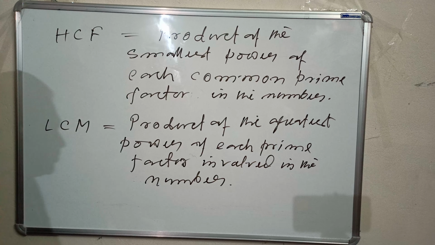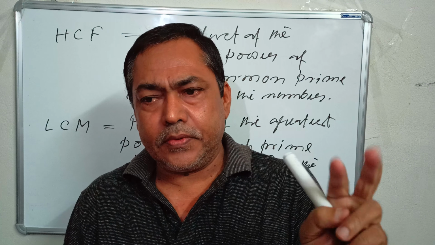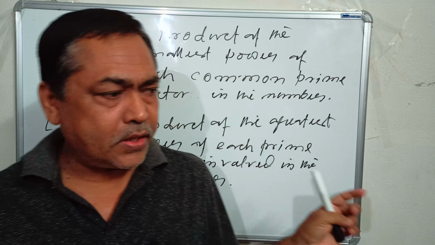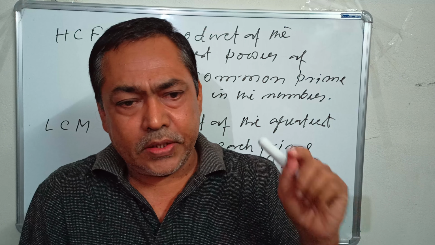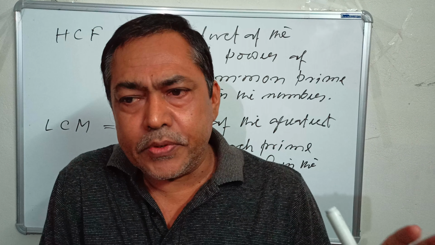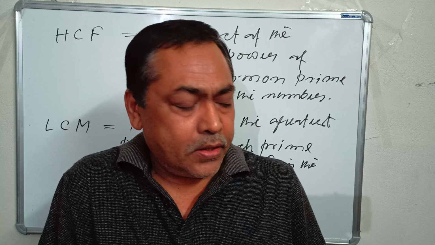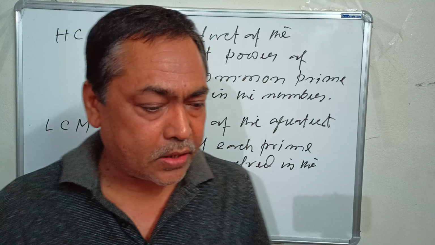Okay, now you are going to learn how to find the LCM and HCF of any two composite numbers. In the previous video, you learned the very basic concept of the fundamental theorem of arithmetic, that every composite number can be expressed as a product of primes, and this factorization is unique.